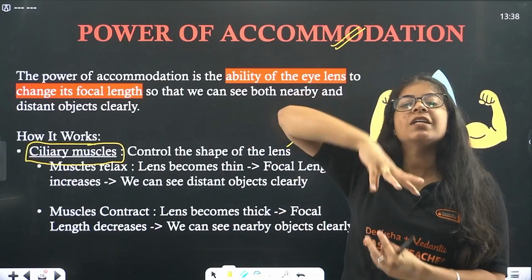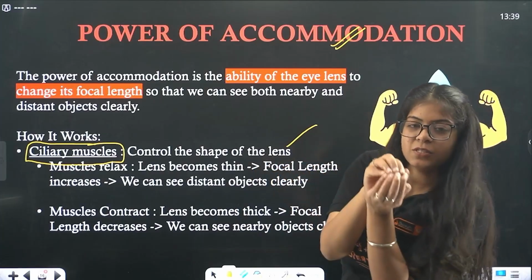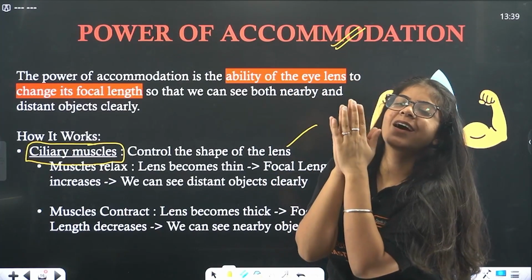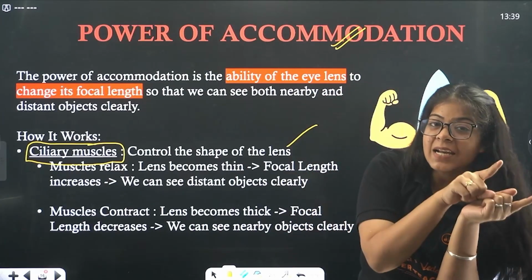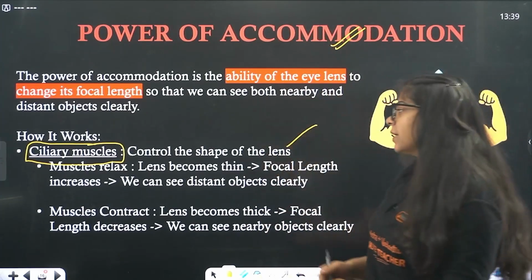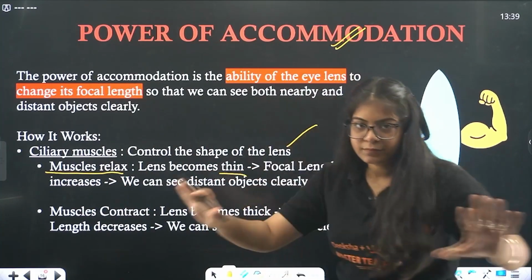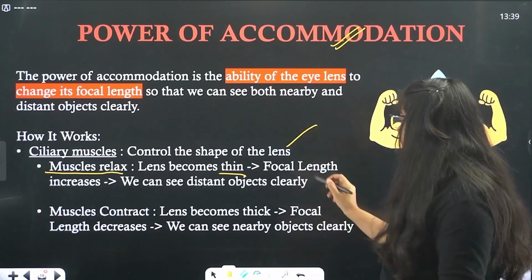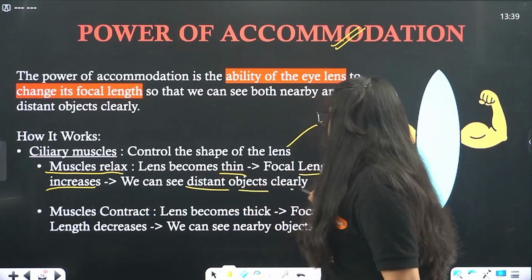So when muscles relax, its focal length increases. When the focal length increases, we see distant objects clearly. There are 3 things you have to remember. When muscles relax, the lens will become thin. They relax, so focal length increases, and when the focal length increases, we can see distant objects clearly.